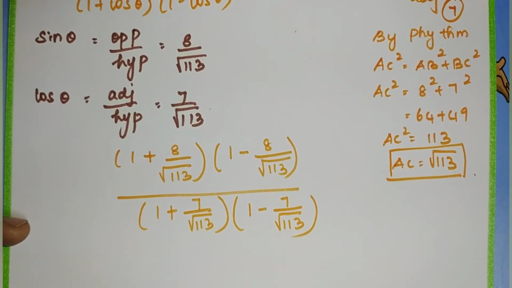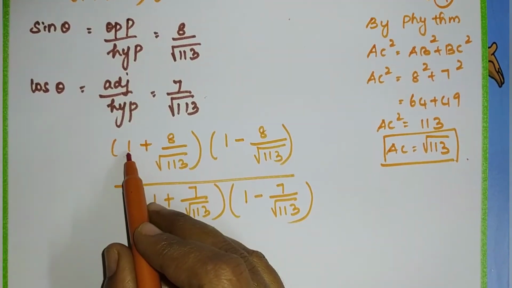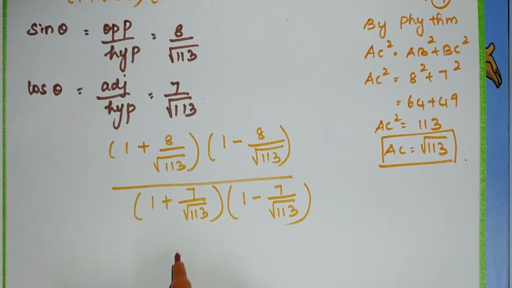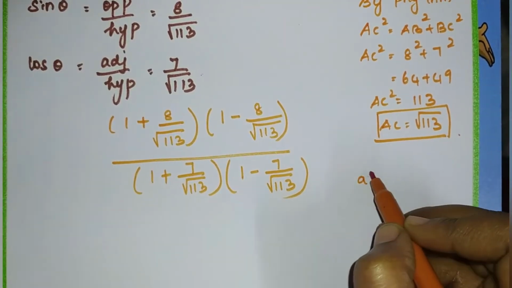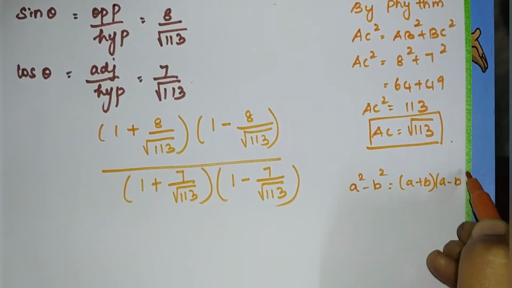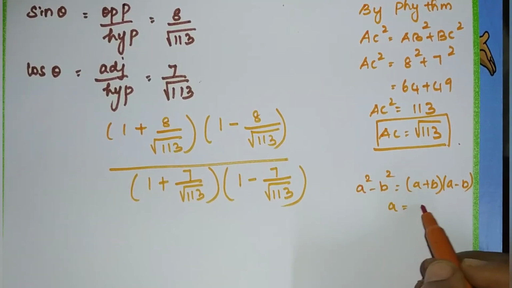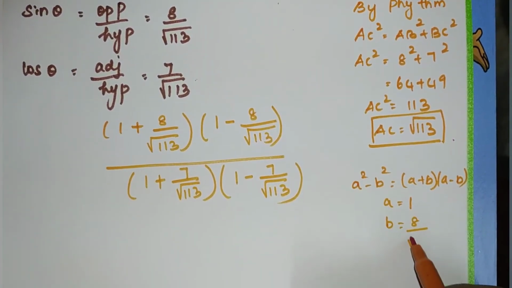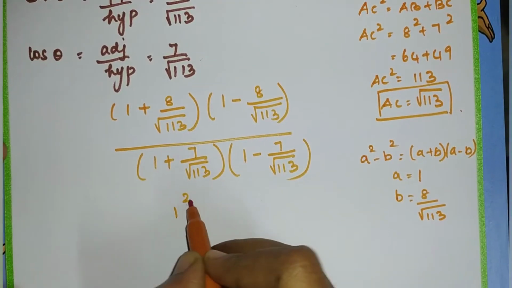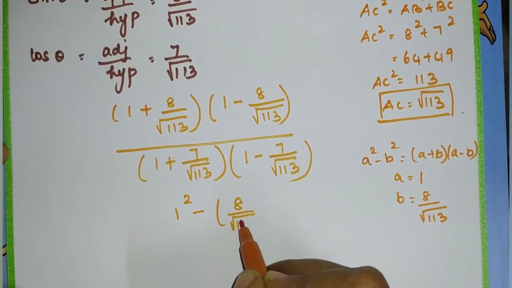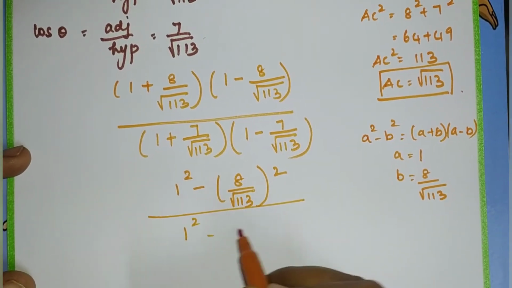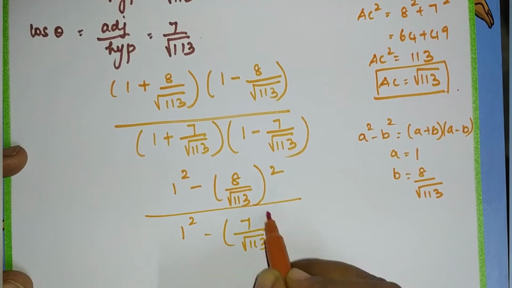A is 1 and the B value is 8 by root 113 for the numerator, and 7 by root 113 for the denominator. So I am going to apply the formula A square minus B square. So 1 square minus (8 divided by root 113) the whole square, and for the denominator 1 square minus (7 divided by root 113) the whole square.